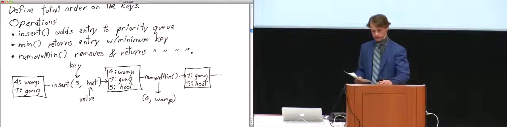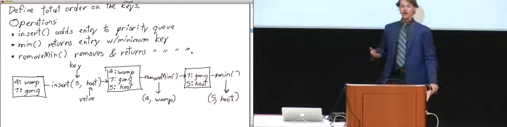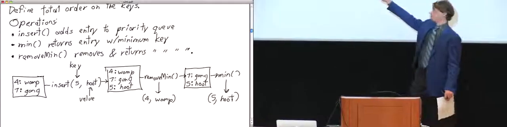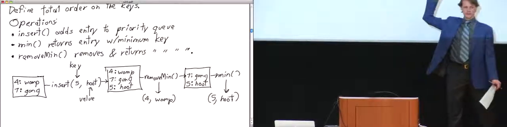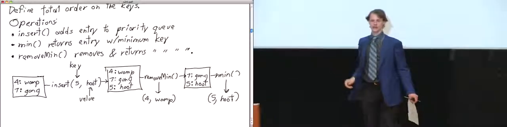Or if you want, you can look at the minimum item without actually removing it. But the tricky part of this is the fact that whenever you remove the minimum key, you have to figure out really fast what the new minimum key is so you're ready to return that fast.